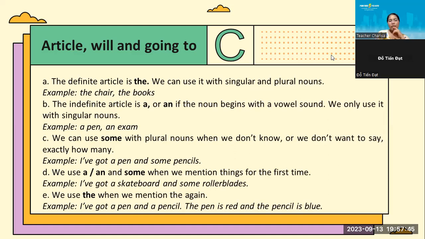We can use some with plural nouns when we don't know or we don't want to say exactly how many. So, I've got a pen and some pencils. So here, we use a or an and some when we mention things for the first time. Example, I've got a skateboard and some roller blades.